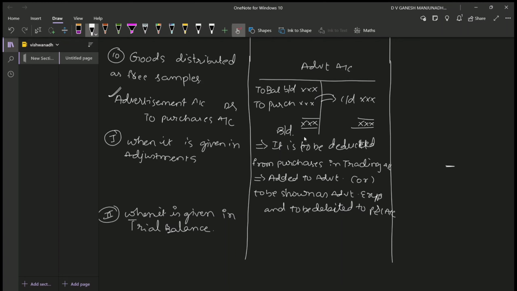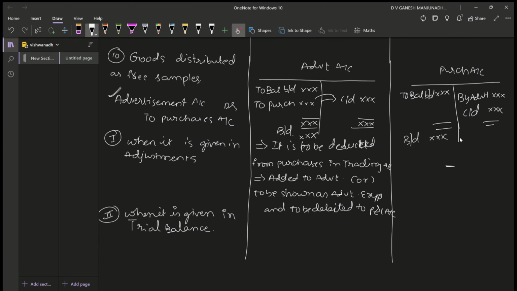That means the total amount is to be debited to the P&L account. Let us see the purchases account. If the balance is already available as a debit balance, brought down, and when we incur purchases by advertisement, the balance which is still available would be written here, and the total balance would be written down here.